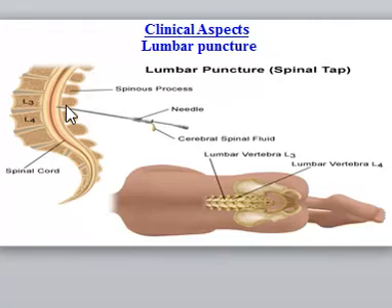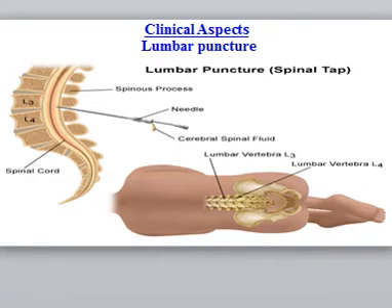Then the body is brought near the edge of the table. The highest point of the iliac crest is determined by palpation. A line is drawn on the back by joining the highest points of the iliac crest of both sides, and opposite the midplane this line crosses the fourth lumbar spine.